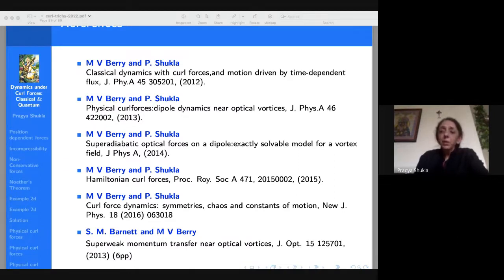Because in optical fiber, as I said, there are effective forces appearing, and these effective forces are pure forces for which Noether symmetry, the Noether theorem, is not really applicable. So whether the conserved quantity has a symmetry counterpart, or the symmetry has a quantity counterpart, is not so obvious. One has to really explore it.